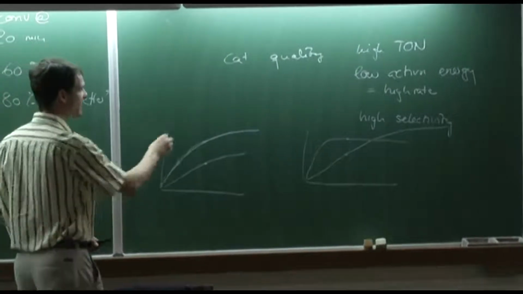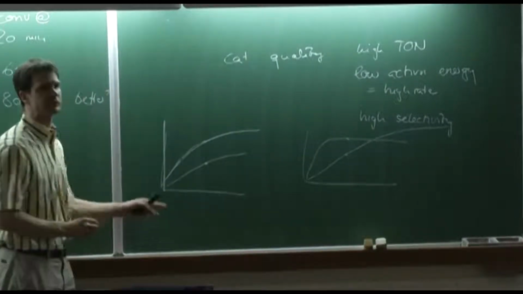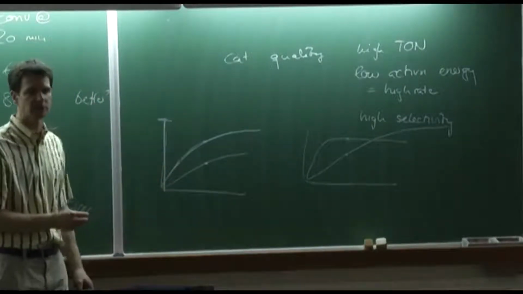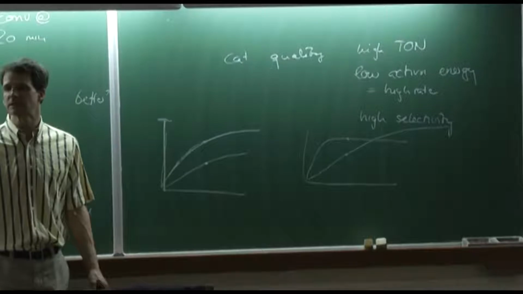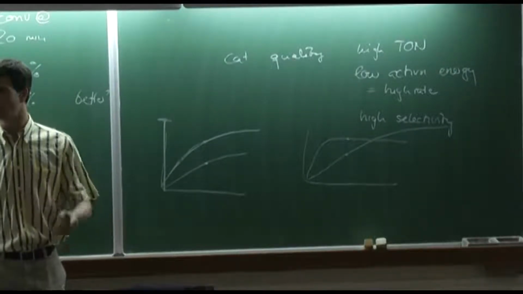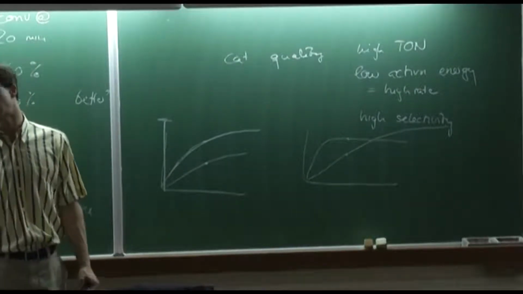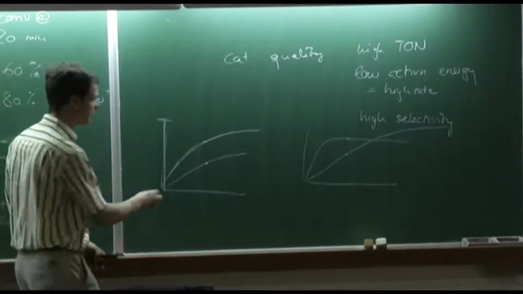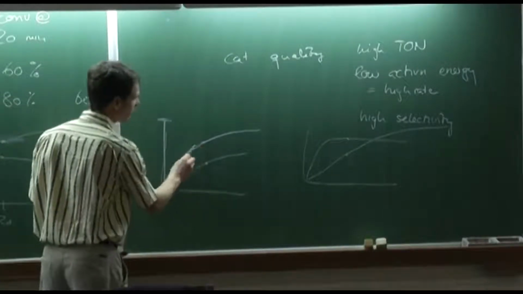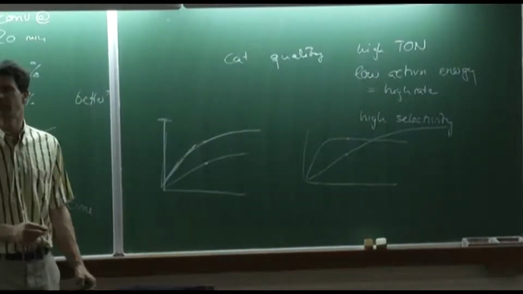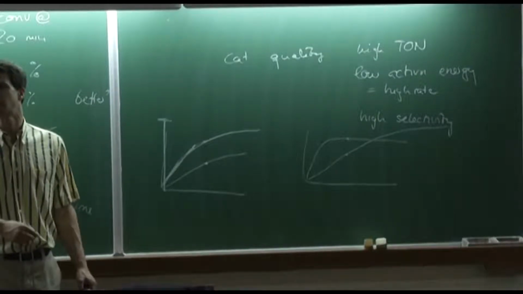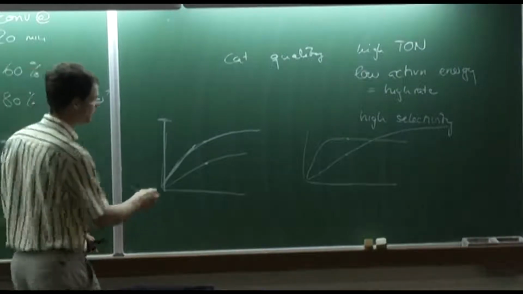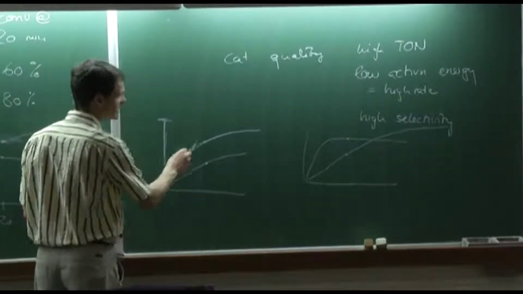But in a classic reaction, the slope changes because at some point you have substrate limitation. The more you convert, the less substrate is there, so your rate changes, because your rate is typically dependent on the substrate concentration. At the beginning, you usually have zero order in substrate, because the substrate is in vast excess, especially if you have low catalyst load. So typically this is close to a straight line.